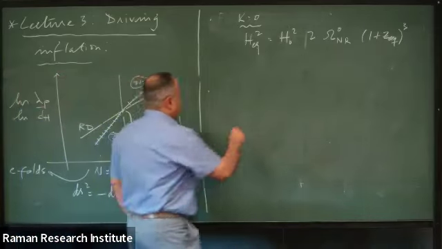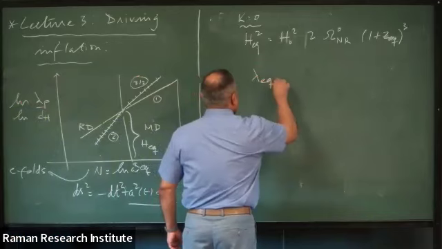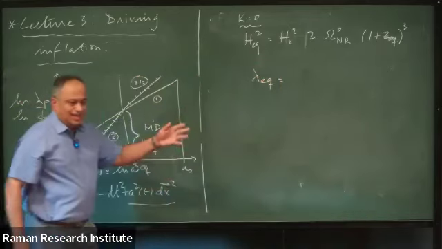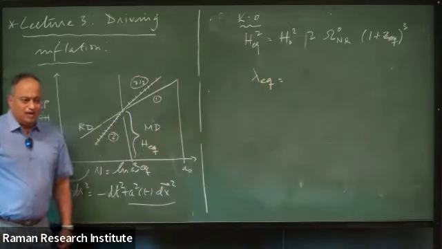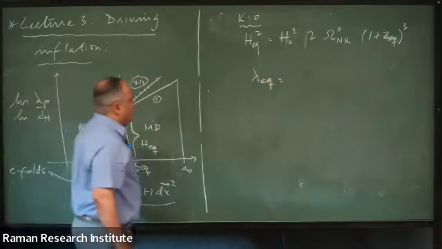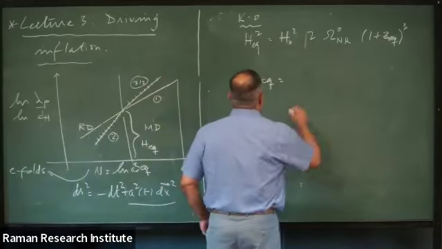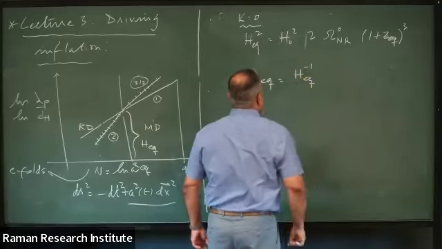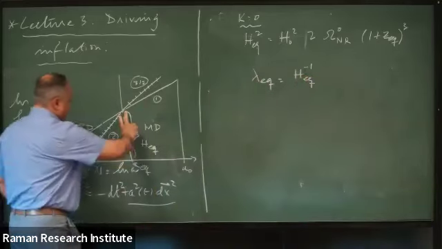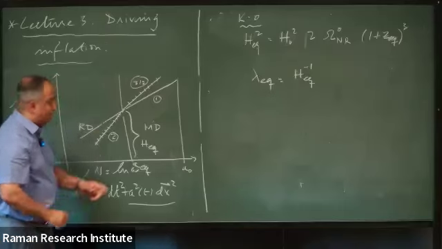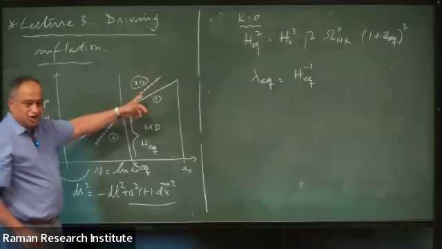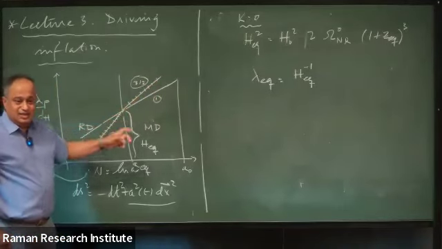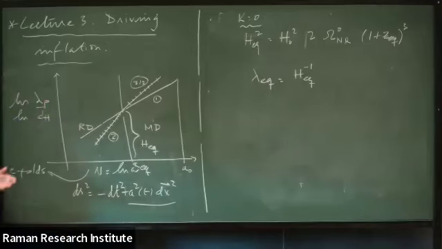So k equality, or lambda equality, let me call this k equality, is just 1 over that. We ignore factors of 2 pi. We don't worry about that. So what is lambda equality? It is H equality inverse, right? That's the size of the Hubble radius. I hope you recognize that. This line with a dash on top of it reflects the size of the causally connected region at that time.